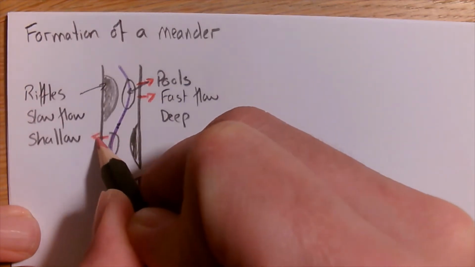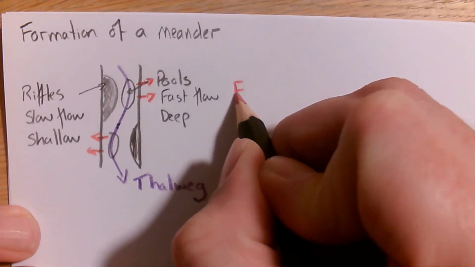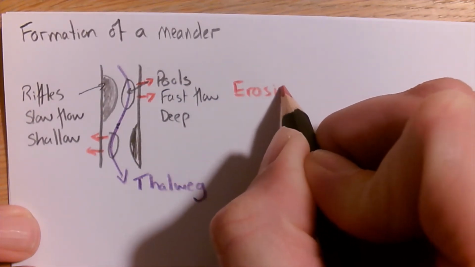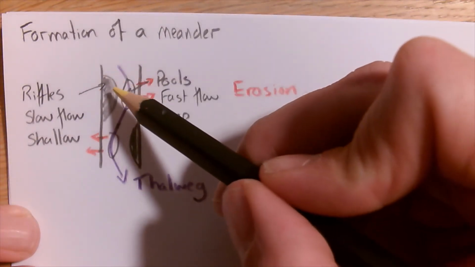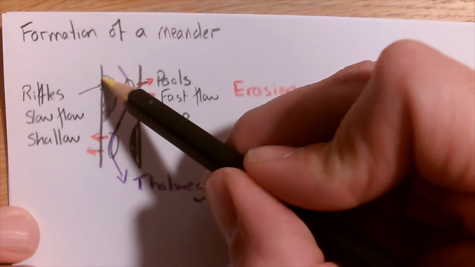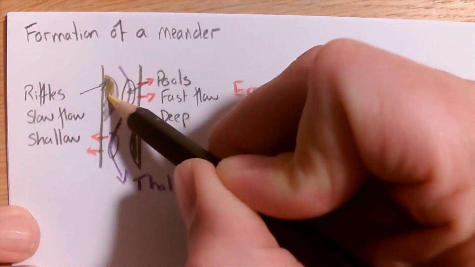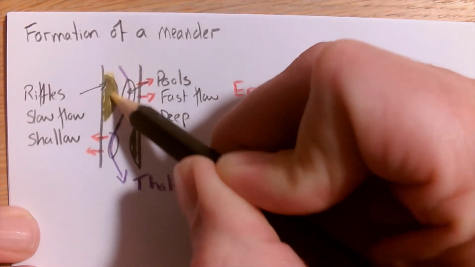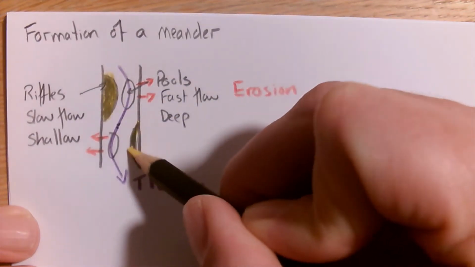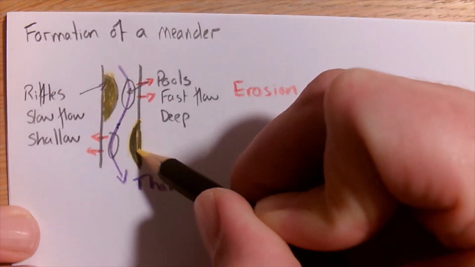So we see that happening here and here. So we can write erosion. But where the water is slow and shallow, because it has less energy, deposition will start to occur here, and we'll get some sediment and sand deposited in those slow flowing areas.